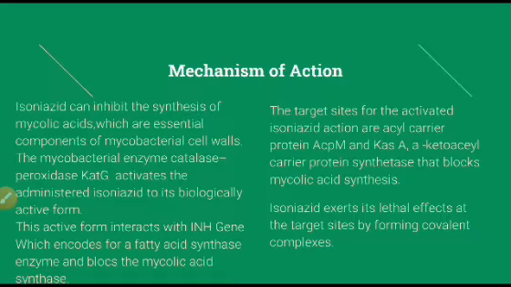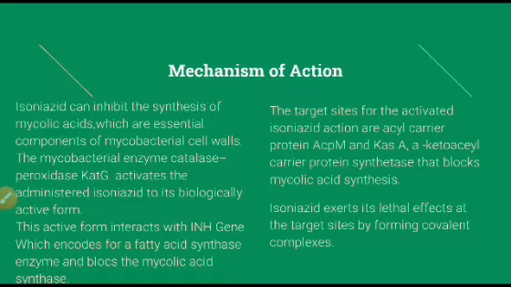The active form interacts with the INHA gene, which encodes for a fatty acid synthase enzyme, and blocks mycolic acid synthesis. Now you can understand that it is acting on the active form. This active form is acting on where?